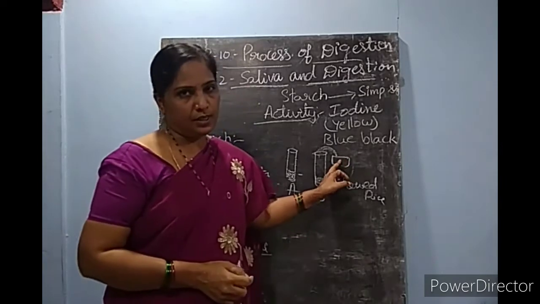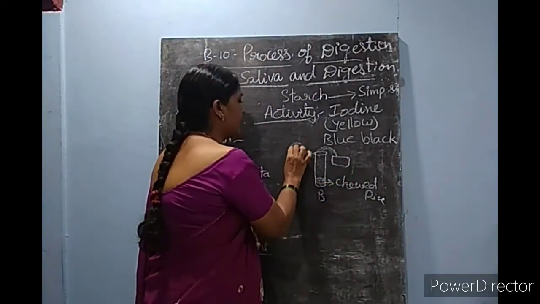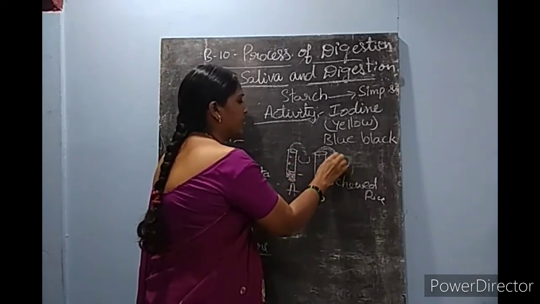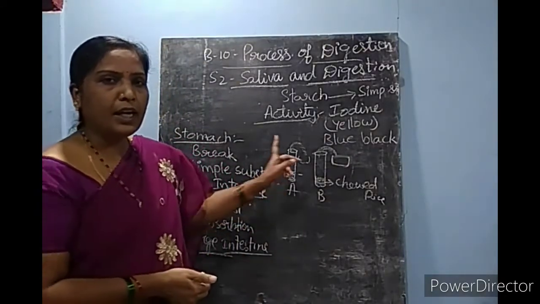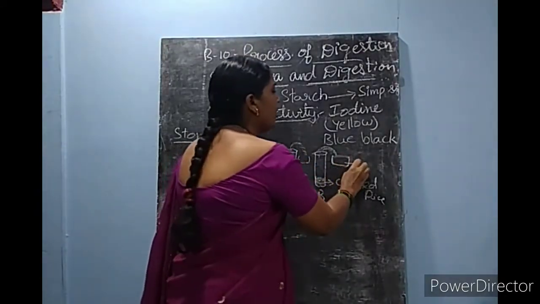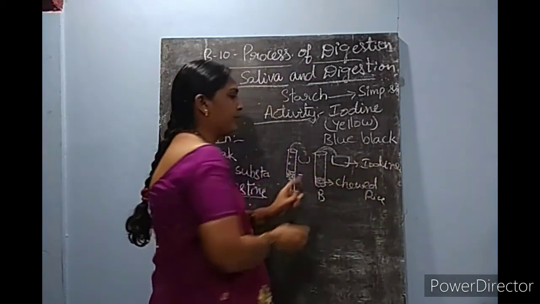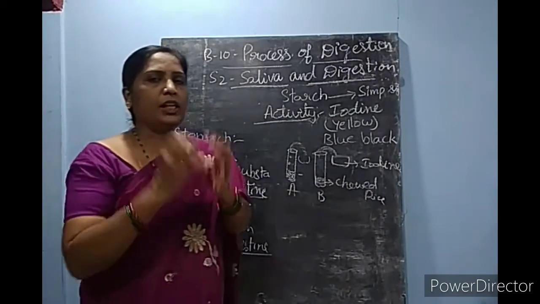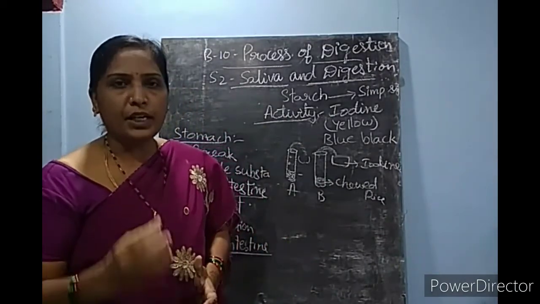Do the same for the other one. Now add 2-3 drops of iodine to this and observe both. Write your observations in your Volume 2, S2.